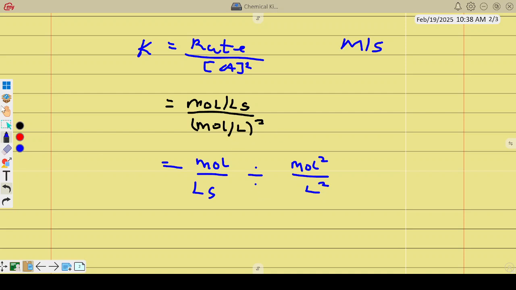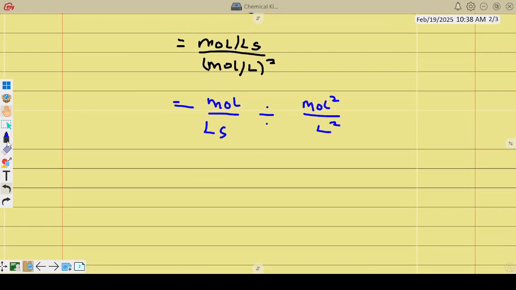And then we can change the sign. We're going to have mole per liter second times liter squared over mole squared. We've just swapped these two. This one comes down, this one goes there. So at this point we can cancel.